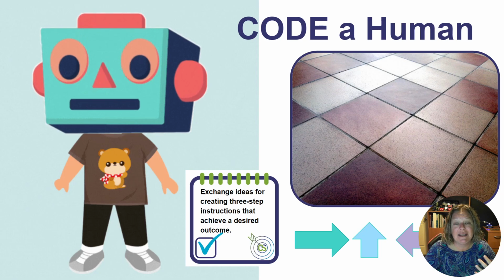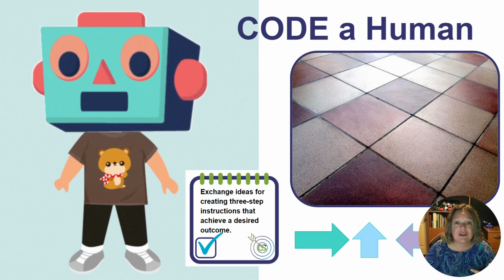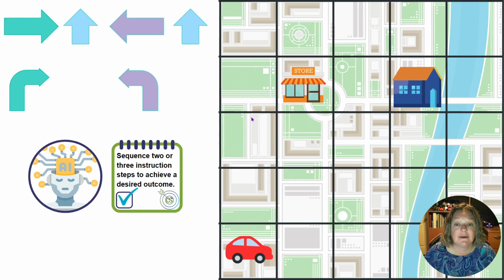And we're going to be getting into some deep level understanding with our computer science. If our instructions are all about movement and pathways, we're also covering this energy concept.